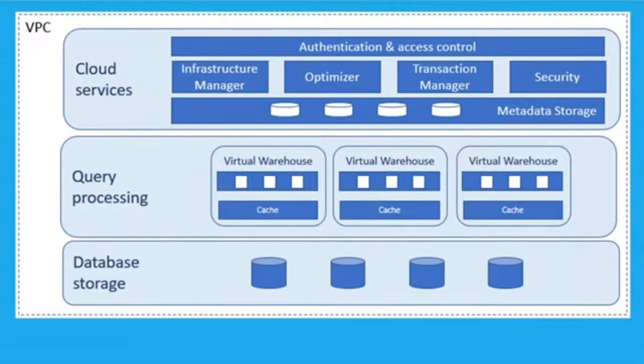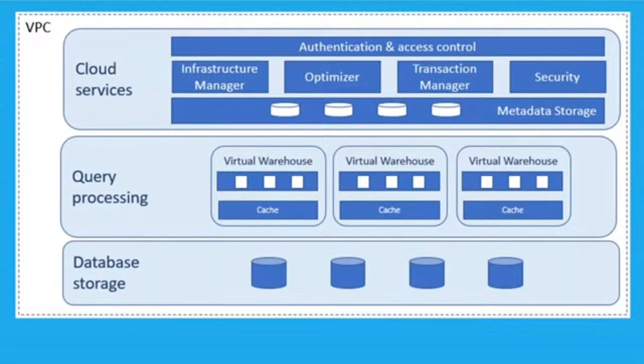In the query processing layer, the virtual warehouse is the hardware component which processes the request. In your traditional database or data warehouse, you have CPUs, memories, and everything. Like that, this is also a virtual warehouse. A virtual warehouse is the hardware resource in your Snowflake; you just can't see those physical devices.